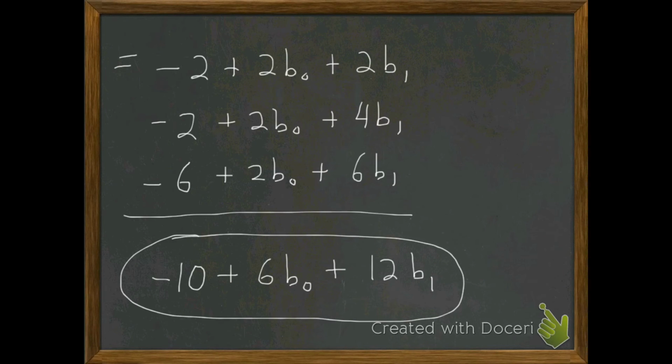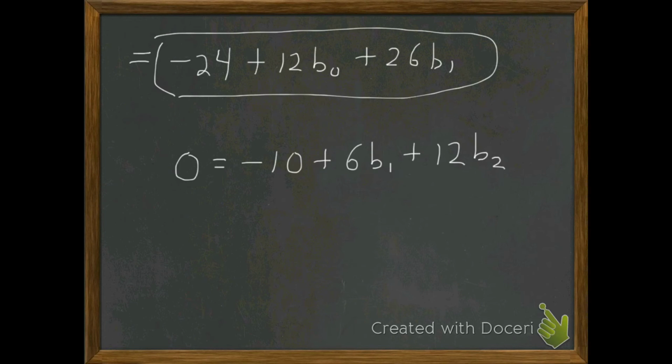And then of course we're going to set the partials that we just found equal to 0.